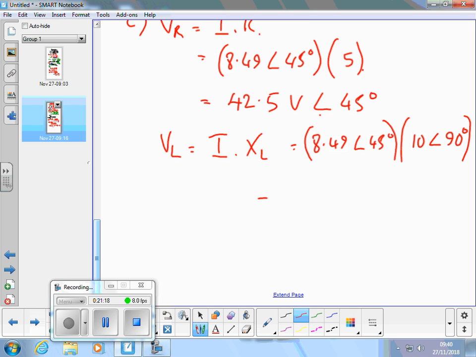So the answer to that must be 84.9 volts, angle 135 degrees.